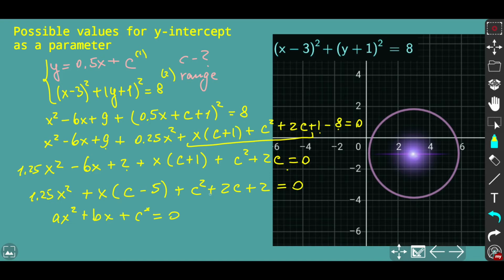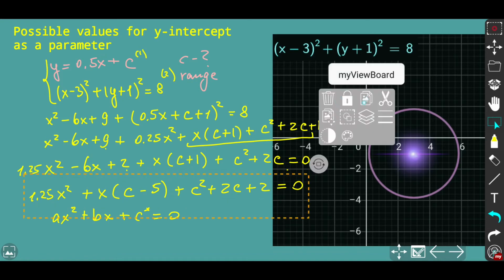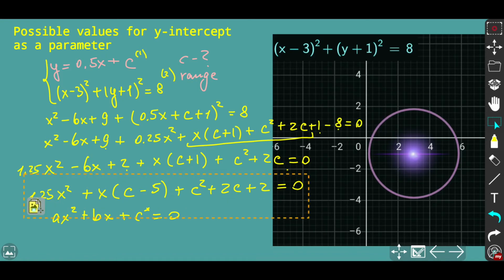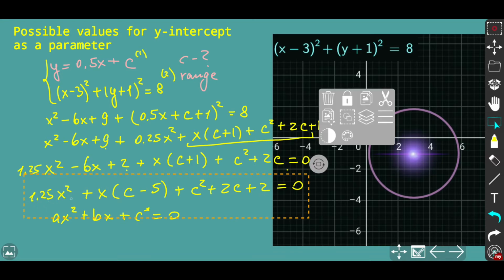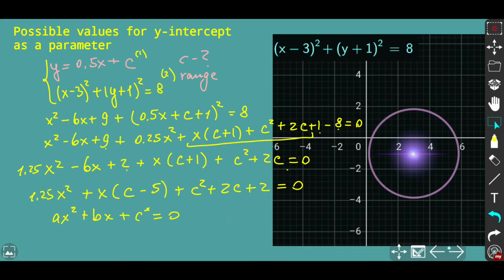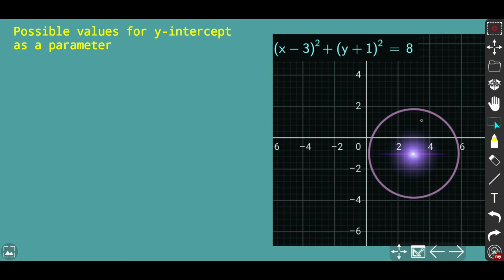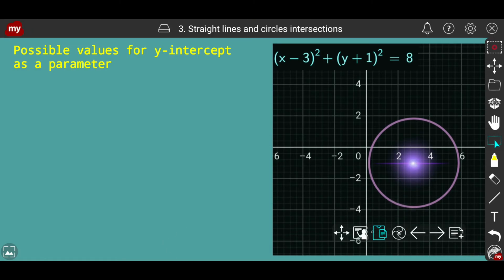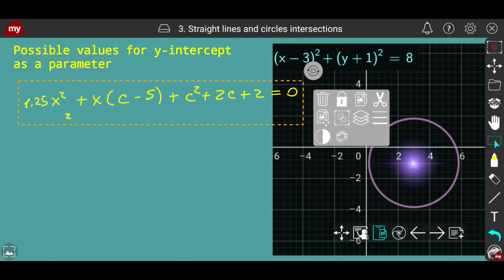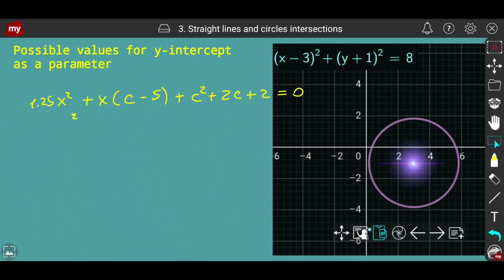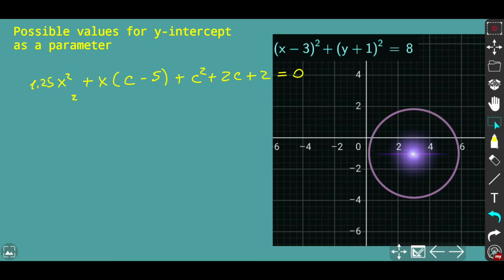So I tried to transfer this stuff, just copy it, probably in this way. So I'm trying to transfer it here. Yeah, perfect. Okay, so I transfer this equation right there.